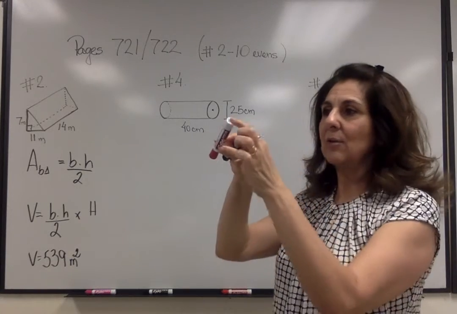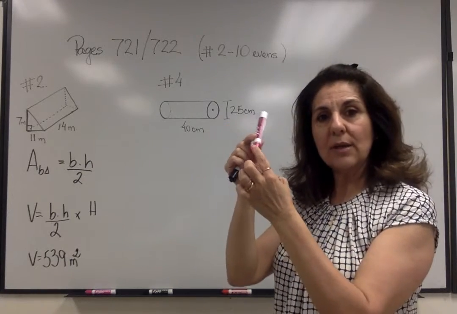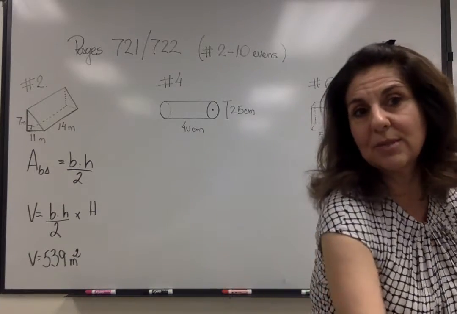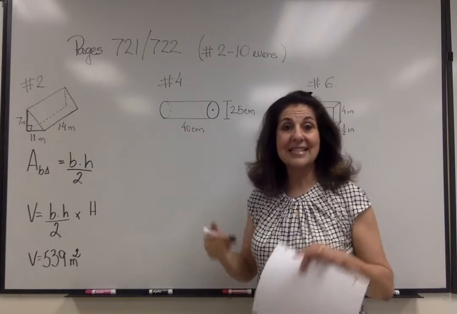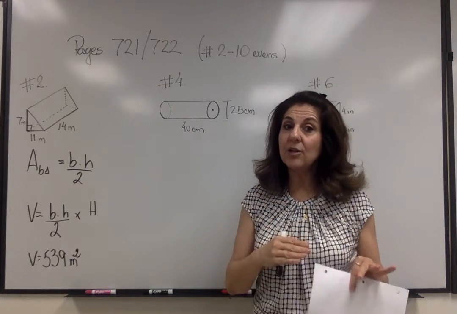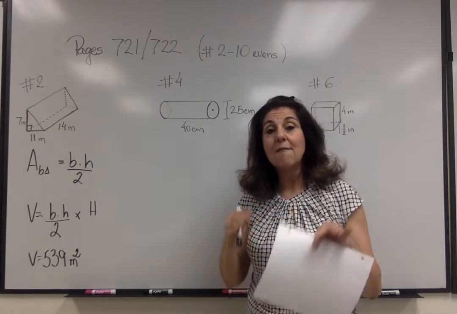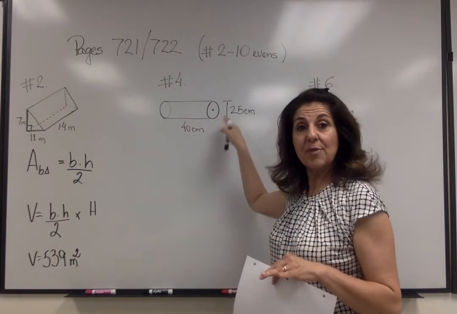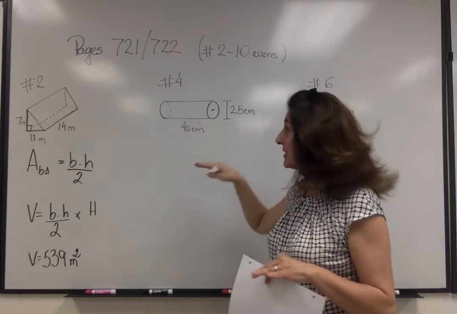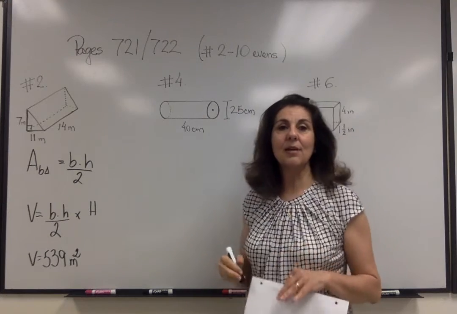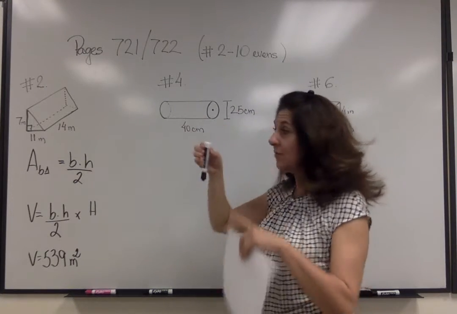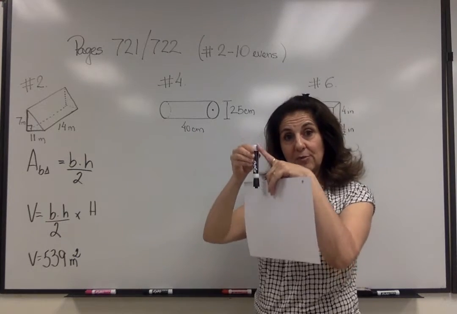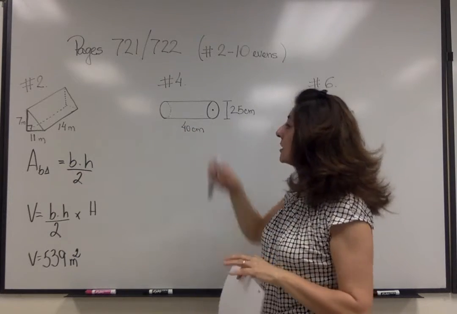All right, and we have one circle here, one circle here, which is the same that we see over there on the board. So two circles, that is the base. So the volume is going to be found first with the area of the base, which in this case is a circle, and then we multiply it by the height. So the height of the cylinder, which is this part over here, measures 40.